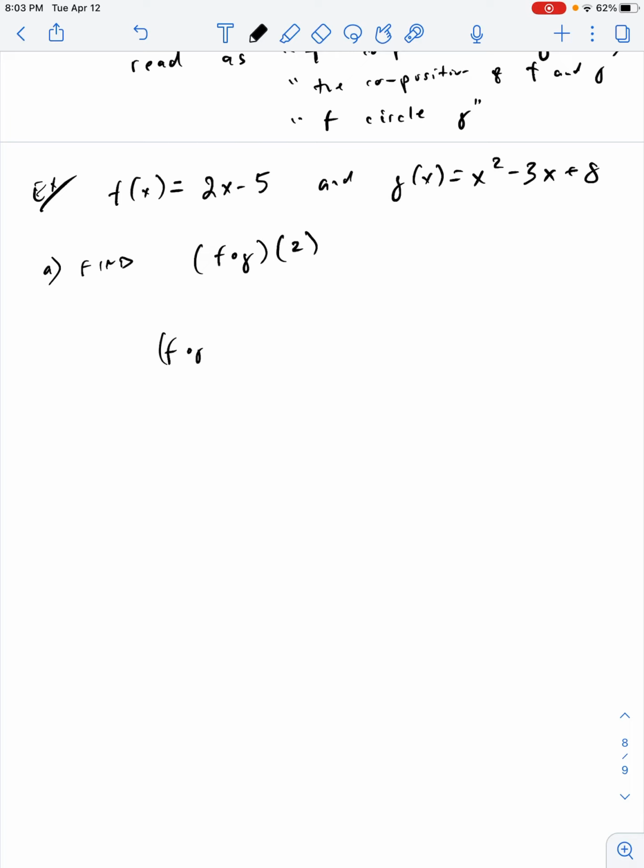So in order to find f circle g of 2, the first thing we do is find what g of 2 is. Which means this 2, we plug into g. All right, we get 2 squared minus 3 times 2 plus 8. That there gives us 6.